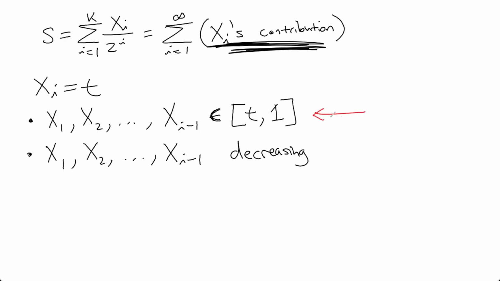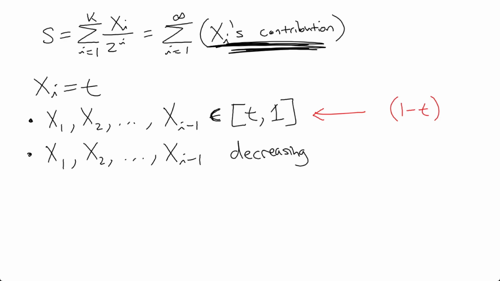To calculate the probability that each of these things happen, I'll start with the first one. Notice that this interval from t to 1 has a length of 1 minus t. So the probability that, let's say, x sub 1 is in that interval is just 1 minus t.